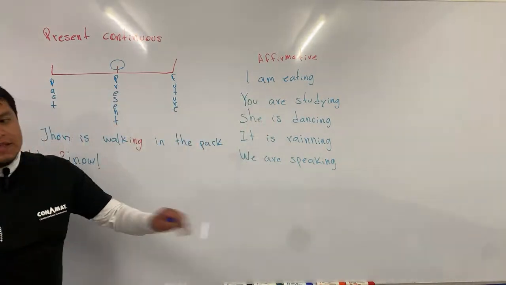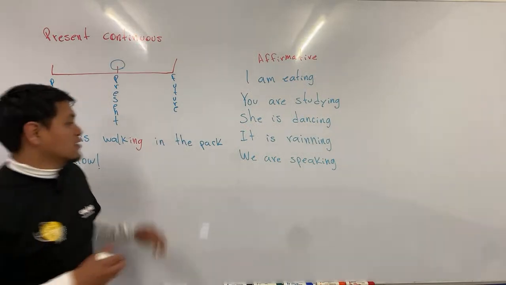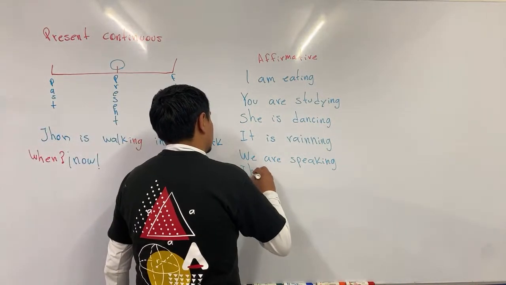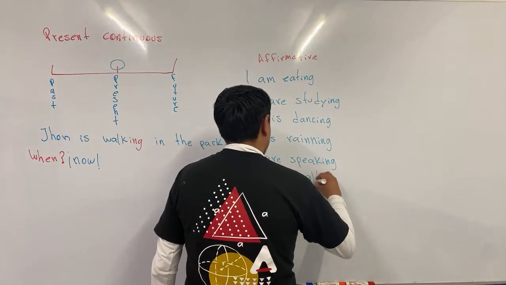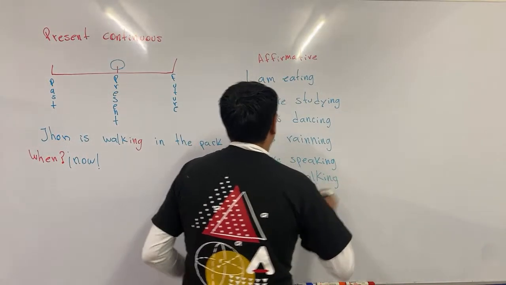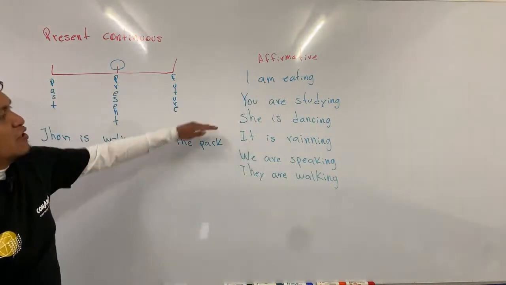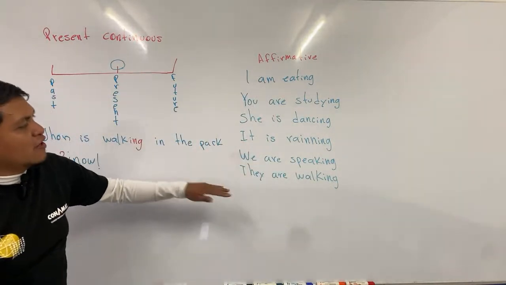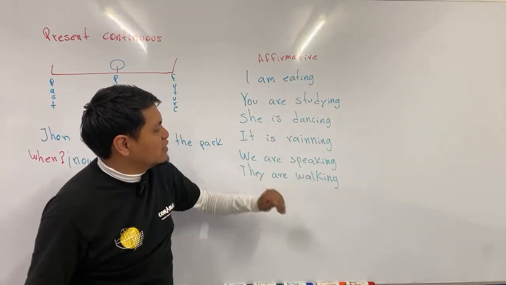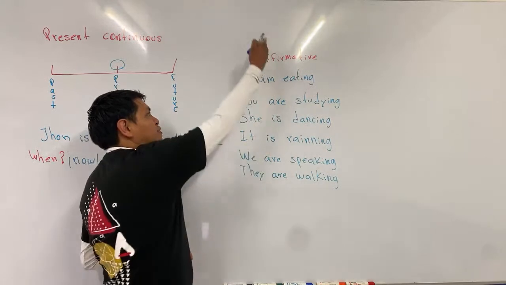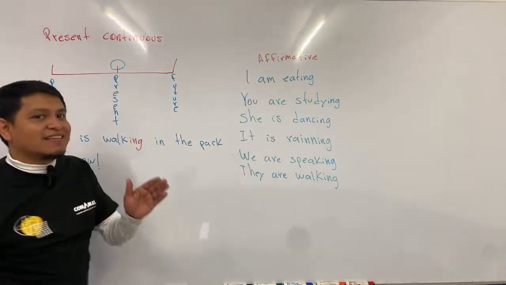They are walking. Right? I am, you are, she is, it is, we are, they are, eating, studying, dancing, raining, speaking, walking, right? This is the affirmative sentence in the present continuous.